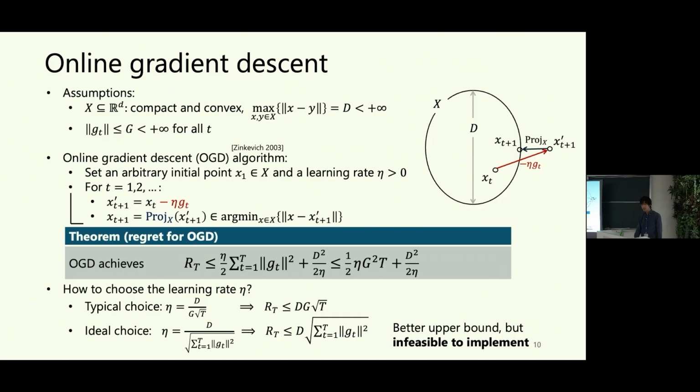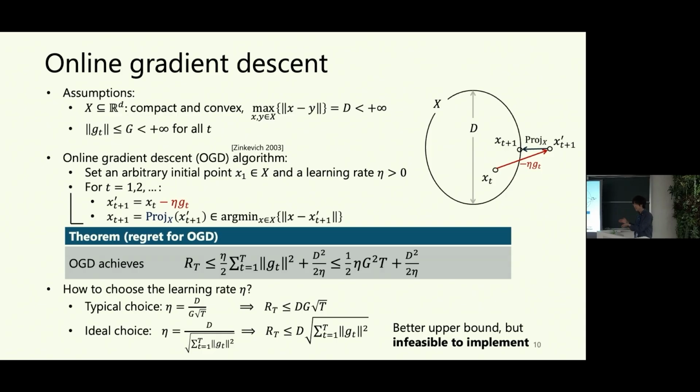Yes, I agree that in some setups the region should be assumed to be unknown, but in our main focus, such as bandit algorithms, the feasible region is, for example, just a probability simplex.